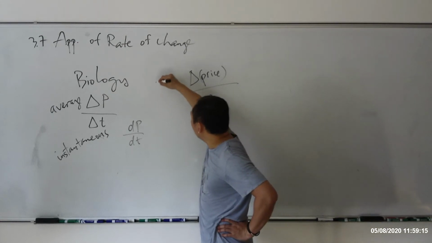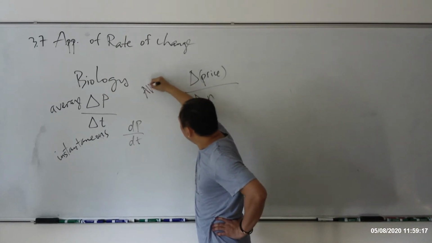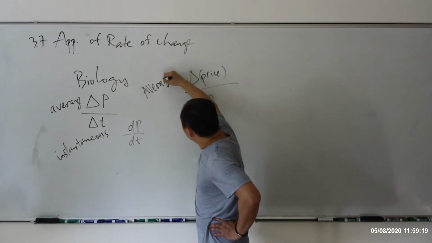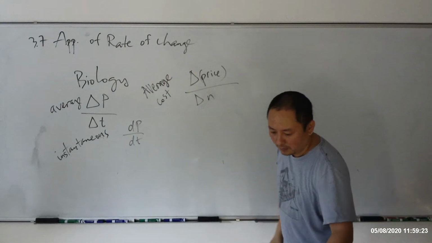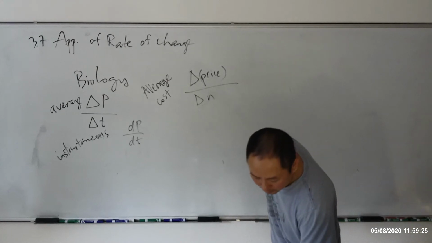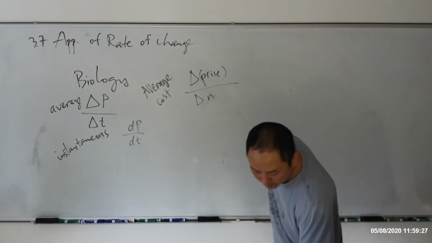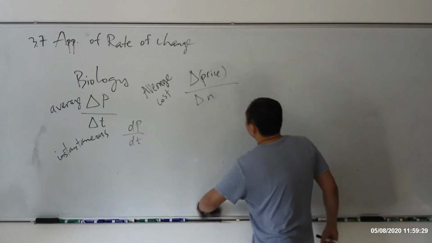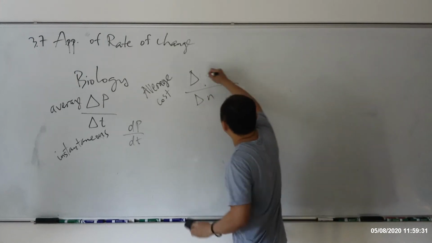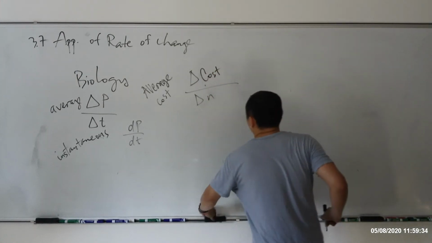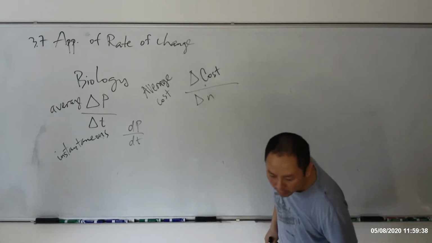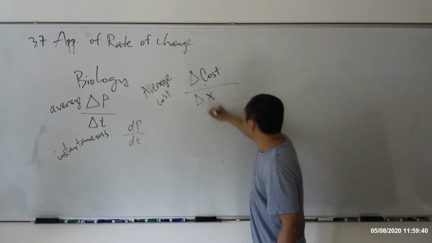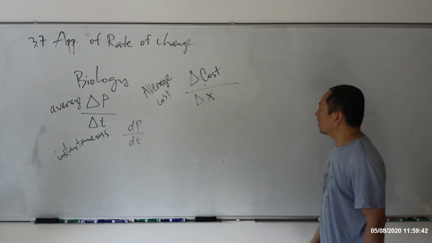This is the average cost. Change of costs. I'm going to use the same letter as the book, over change of the quantity. The book used x for quantity, or the same thing, whatever. All right. That's the average cost.